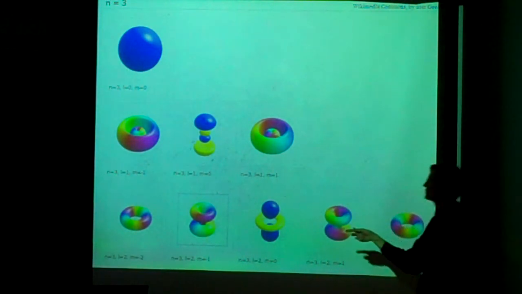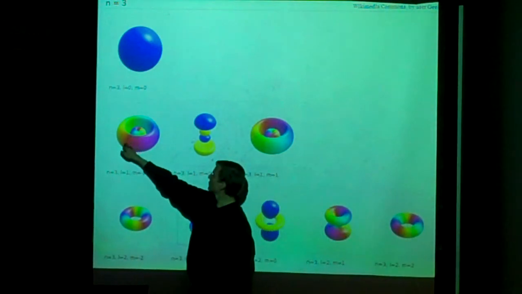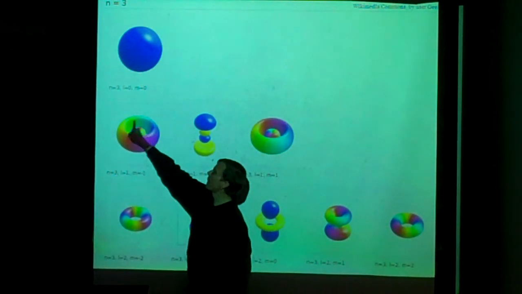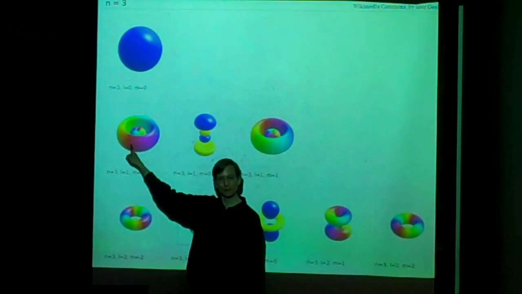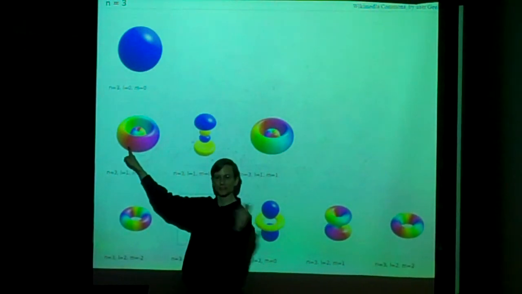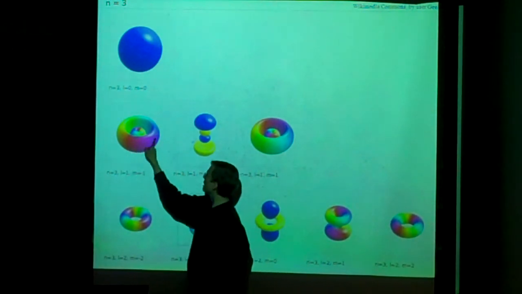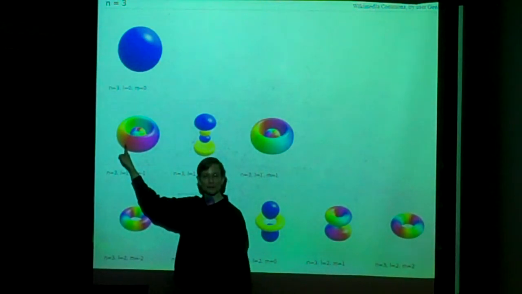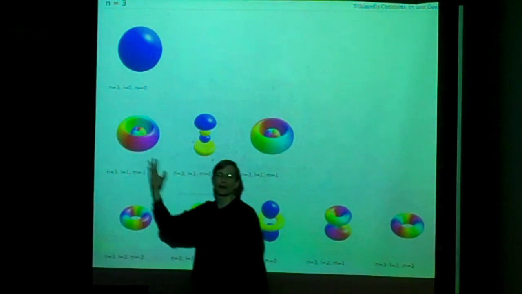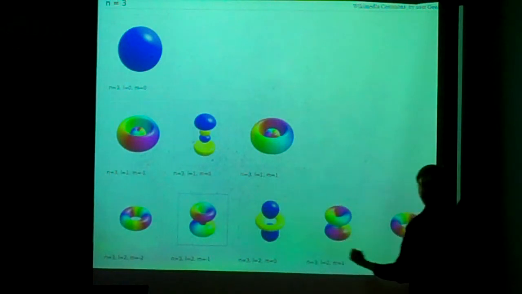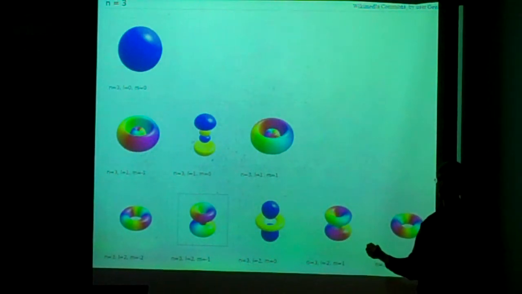So it goes, in other words, through every color of the rainbow, if you use colors of the rainbow to represent going from 0 to 360 degrees in phase. It goes through every color of the rainbow once when you go around in the azimuthal direction, because it's color coding according to the value of m phi, in other words.